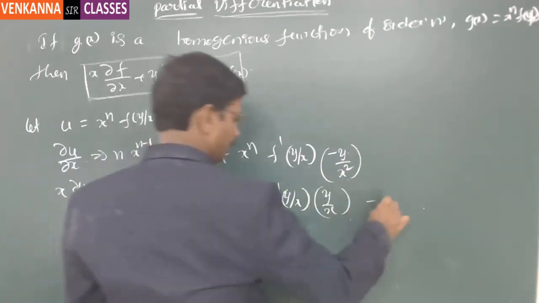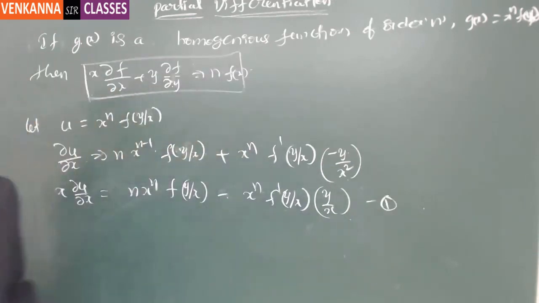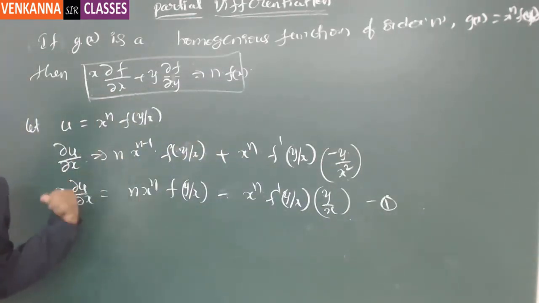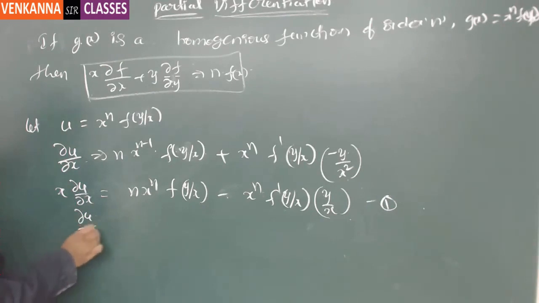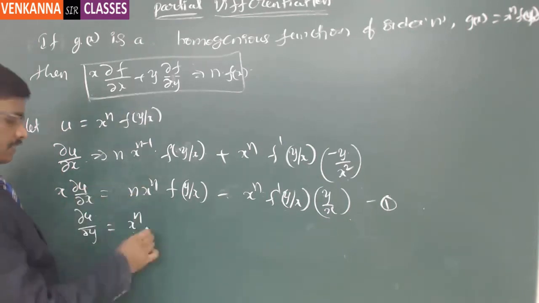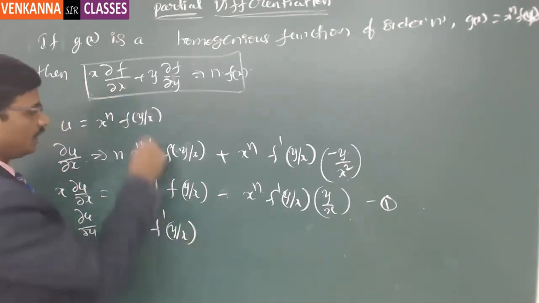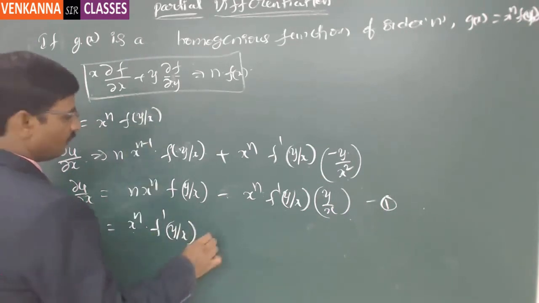This is equation number 1. I have just done the derivative with respect to x and multiplied with x. That's it. Then do the derivative with respect to y. Dou u by dou y is equal to x power n, which is a constant because you are differentiating with respect to y, and then f dash of y by x into the derivative of y by x with respect to y, which will be 1 by x.